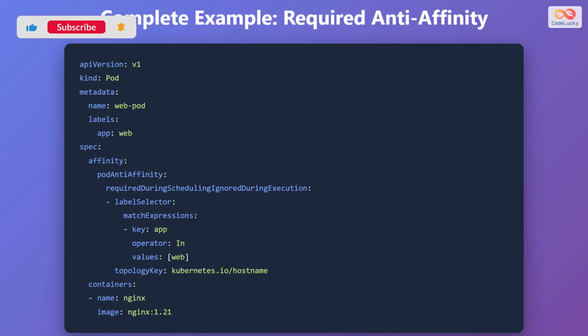The label selector matches pods with the label app equals web using the In operator. The topology key is set to kubernetes.io/hostname, meaning this pod will not be scheduled on any node that already has another pod with the label app equals web. Finally, we define the container specification with Nginx version 1.21 as the image.